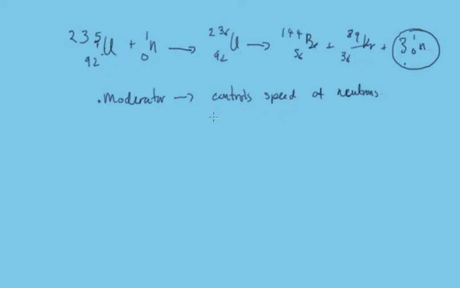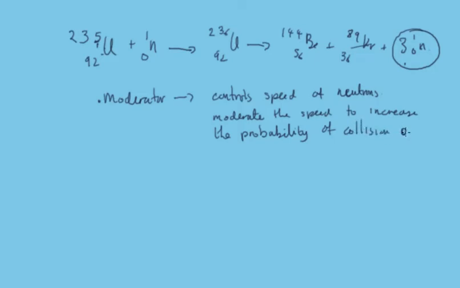So they need to moderate the speed to increase the probability of a collision with and inclusion into the uranium nucleus.